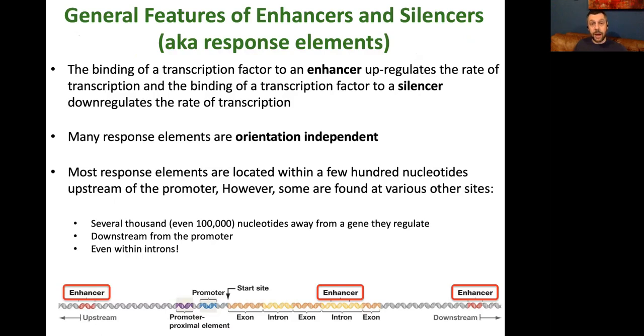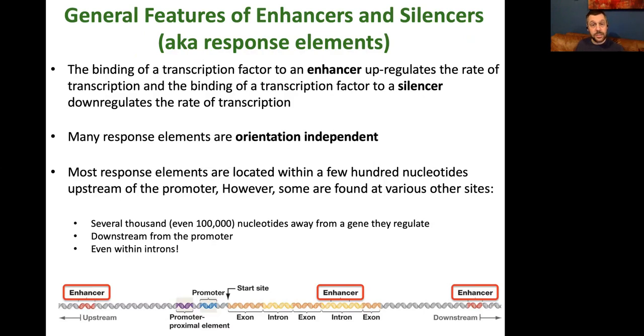So remember where we left off, right? You have proteins, transcription factors, that can bind to DNA in a sequence-specific manner and influence transcription. You get these transcription factors that are called regulatory transcription factors that are specific for certain genes, and general transcription factors that are required at every gene.